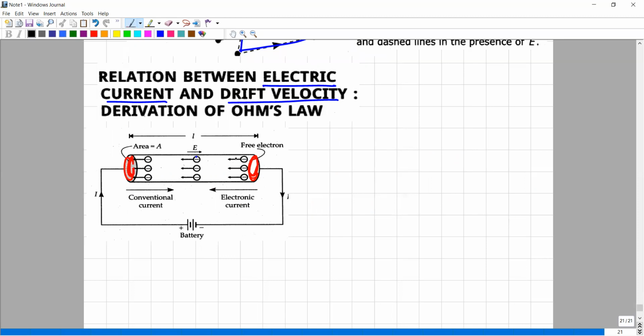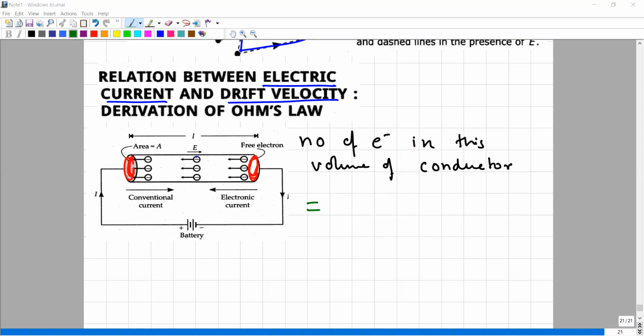Now let's first find the number of electrons in this volume of conductor. That value will be equal to the number of electrons per unit volume, that is small n, into area into length.